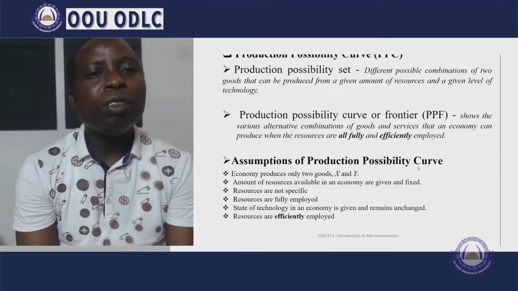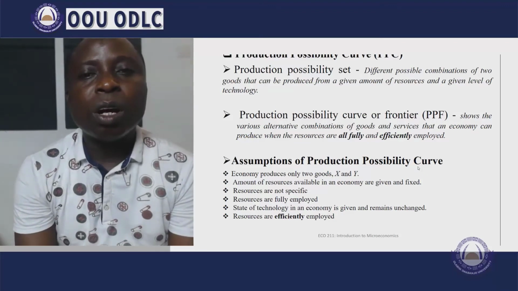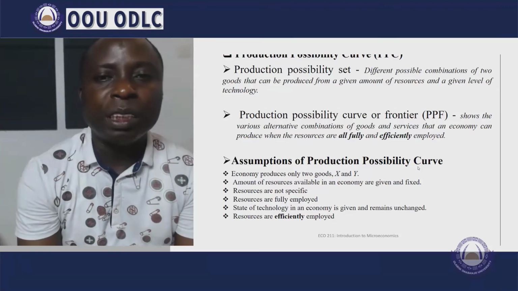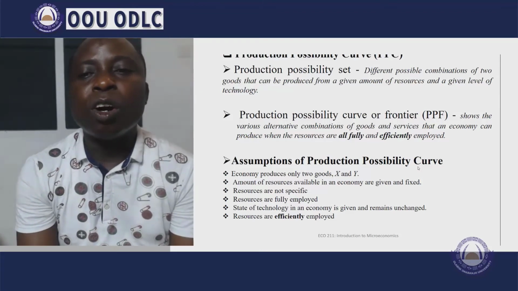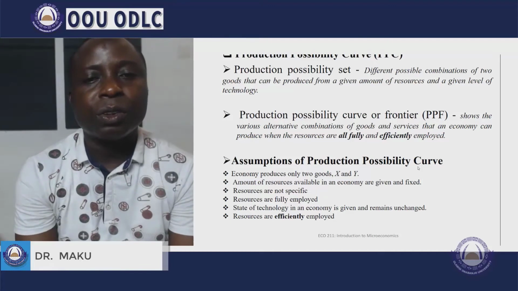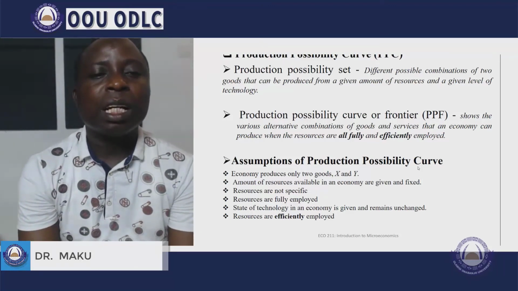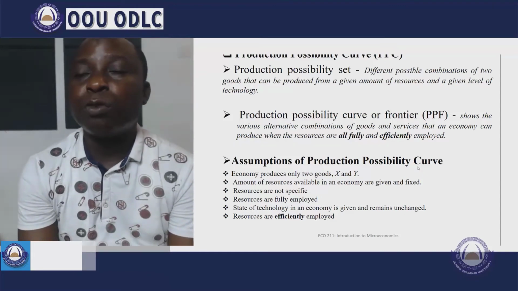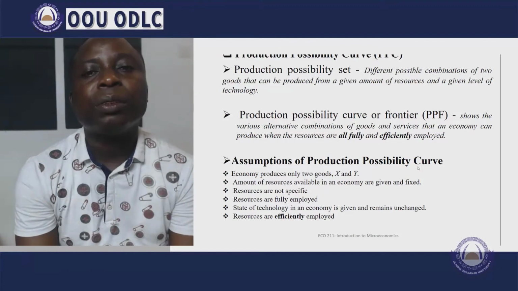Now, production possibility curve. It is also called production possibility frontier. Production possibility curve is a curve that shows the various alternative combinations of goods and services that an economy can produce when the resources are fully and efficiently employed.